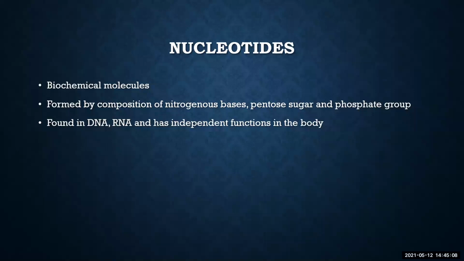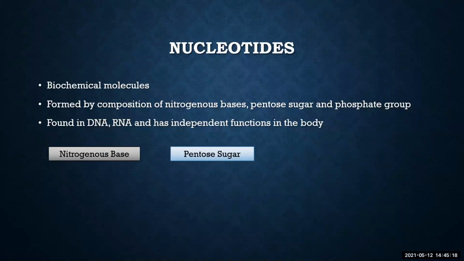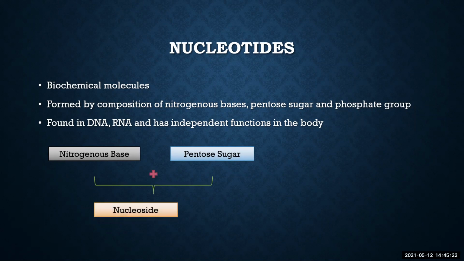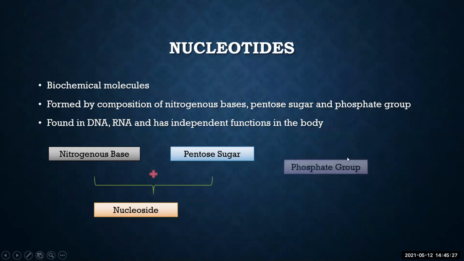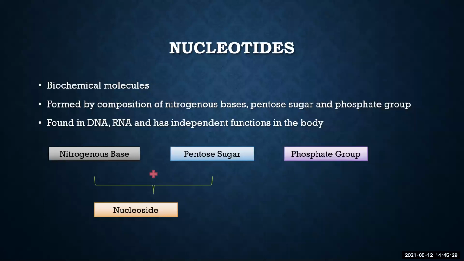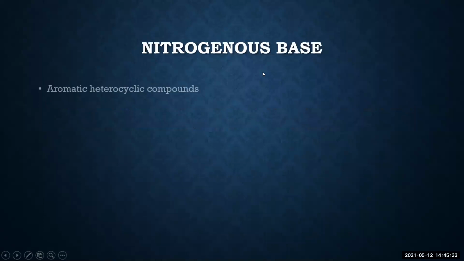Each nucleotide, both ribonucleotide and deoxyribonucleotide, has independent functions in the body. A nitrogenous base and pentose sugar combine to form a nucleoside, while a phosphate group is added to a nucleoside to form a nucleotide.